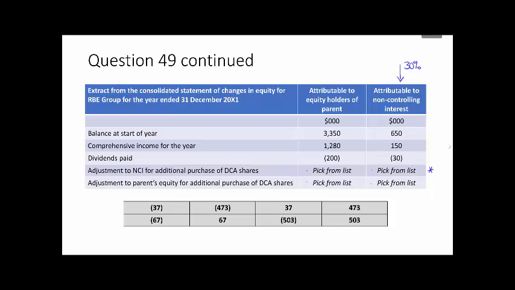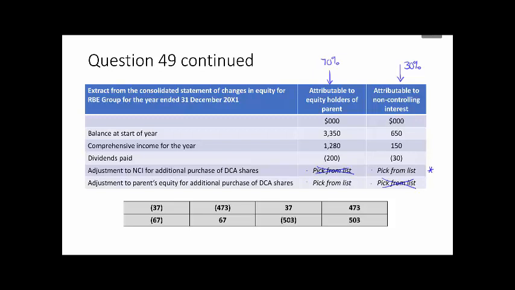Similarly, this column here has been prepared on the basis that the parents had a 70% holding, and actually we need to make some adjustment to show that they've now increased that holding to 90% instead. So in this case we wouldn't expect an entry here, we wouldn't expect an entry here, and in the drop down list we would have selected blank for each of these two options.